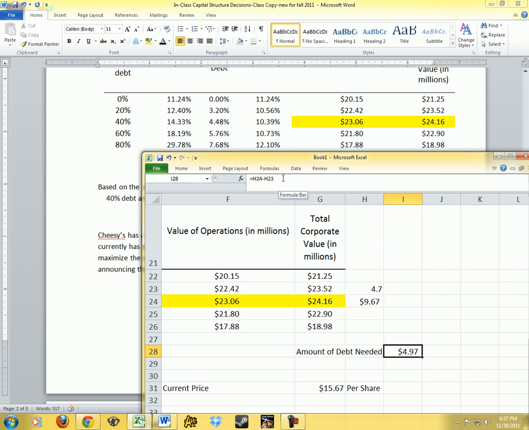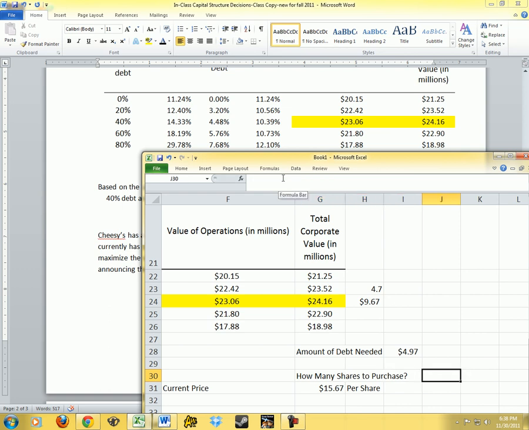So we're going to take out 4.97 million. We're going to repurchase enough shares of stock to now change our capital structure. So to do that, we're going to see how many shares of stock we need to buy. How many shares can we purchase with $4.97 million?